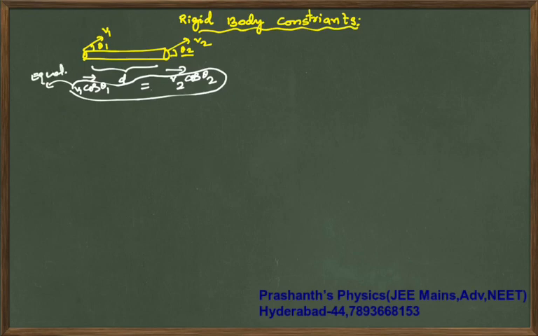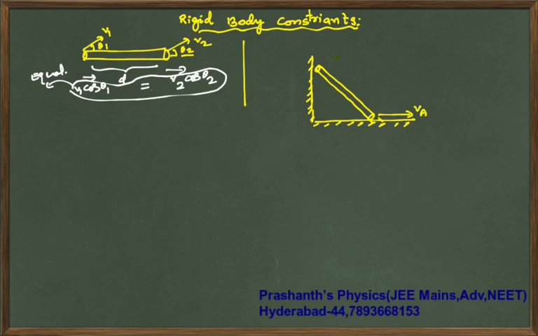So this is what you are supposed to know. Next, similarly, if you take this as your VA, this as your VB, and this angle is theta, the question is to find the relation between VA and VB, for example.